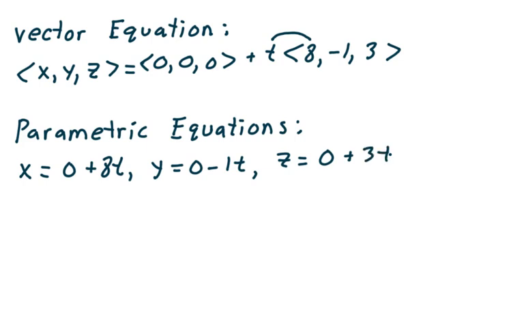Of course, you don't have to leave it like that. We can write it as x equals 8t, y equals negative t, and z equals 3t. Now, from here, we want the symmetric equations.